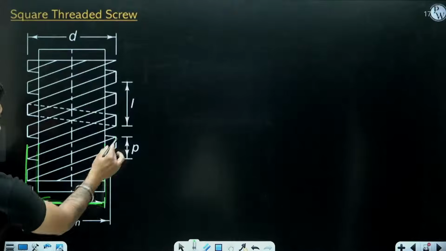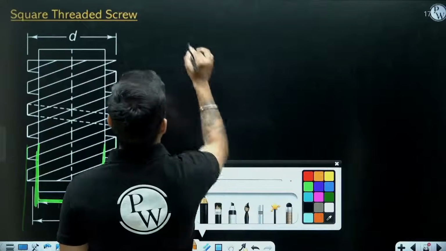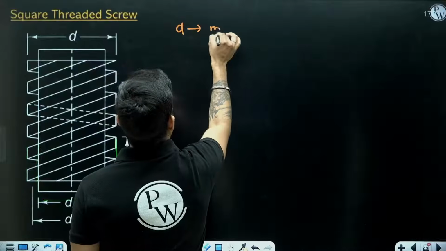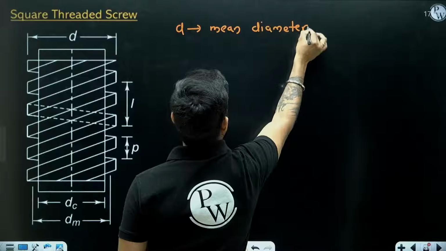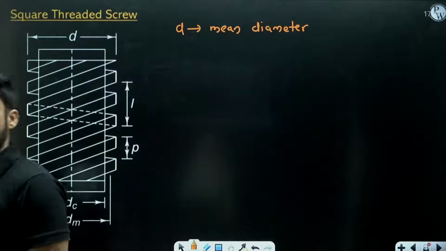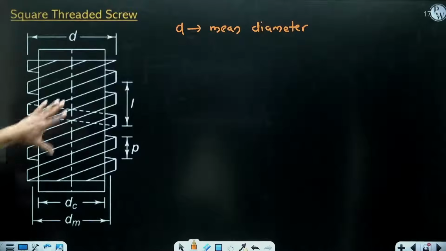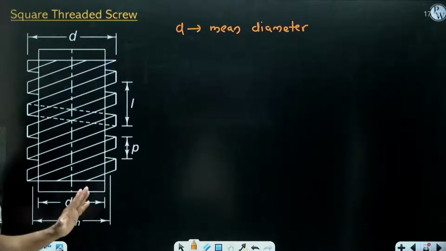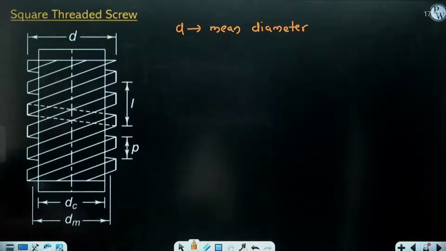And D is known as the mean diameter, which is the average of maximum and minimum. Whenever we are making calculations, we use the mean diameter, not the maximum or minimum.